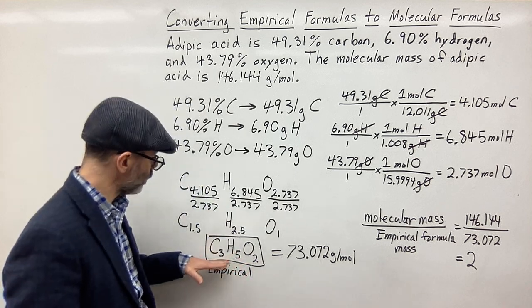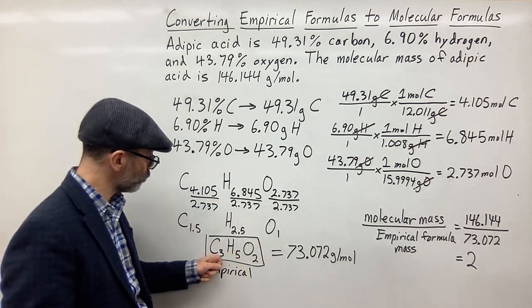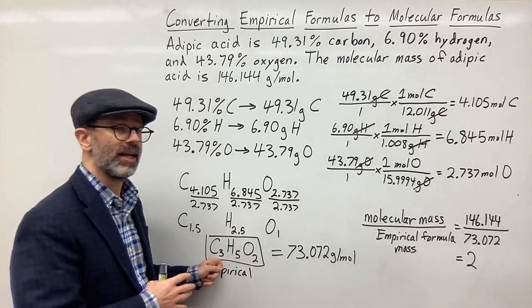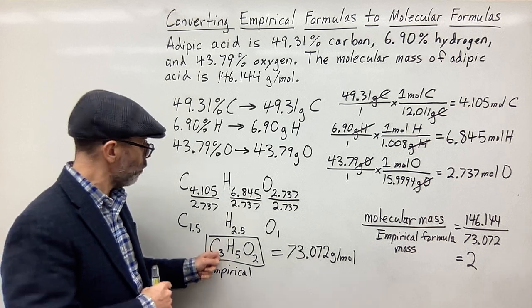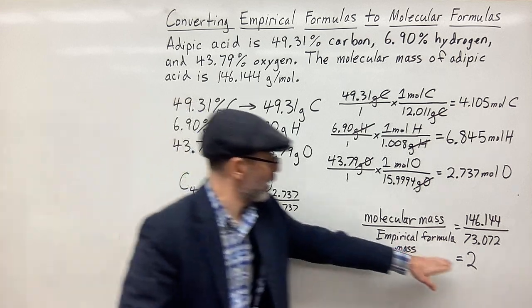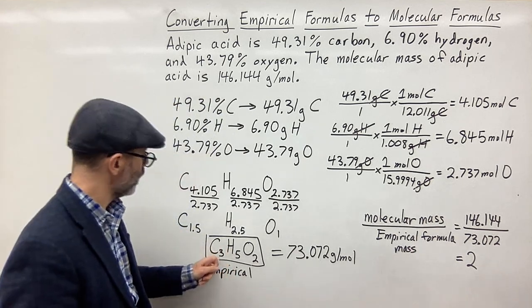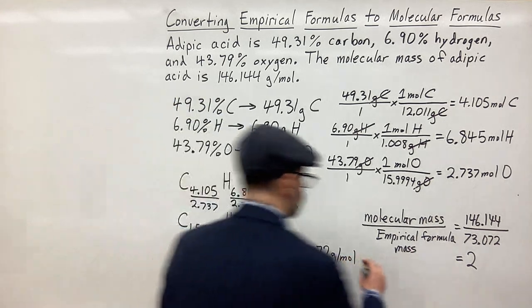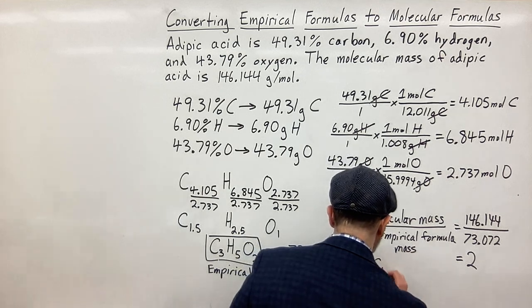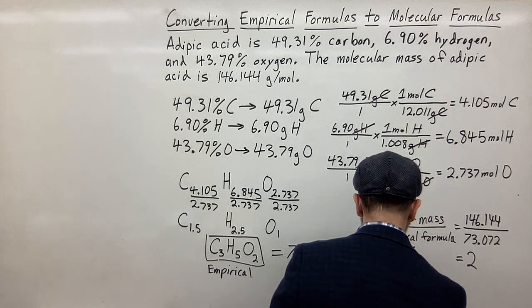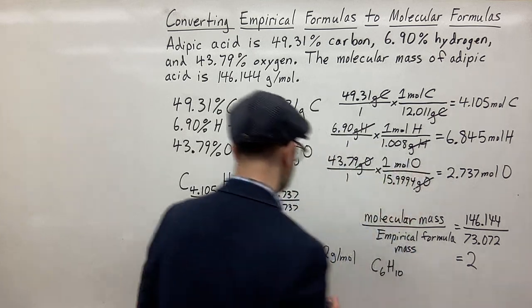So since we know that the empirical formula is C3H5O2, we now know that in order to get the molecular formula, we multiply the subscripts by the factor of 2. So then the molecular formula becomes C, so 3 times 2 is 6, so that's C6. 5 times 2 is 10, so that's H10.